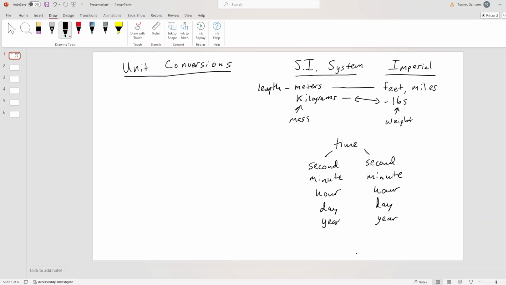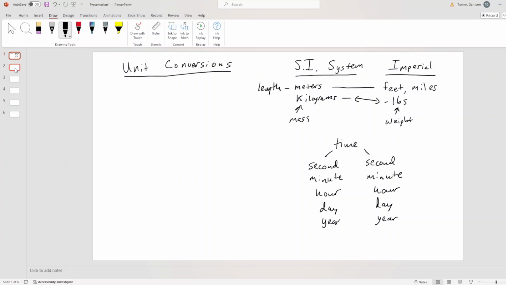But the way we measure things like length and mass are not, all right? Now, so the whole idea is that you are often going to run into a situation where you have a measure in one type of unit, and you need to be able to convert that into a different type of unit.